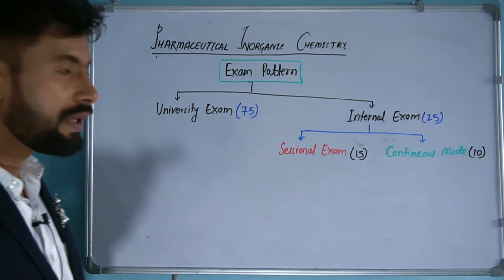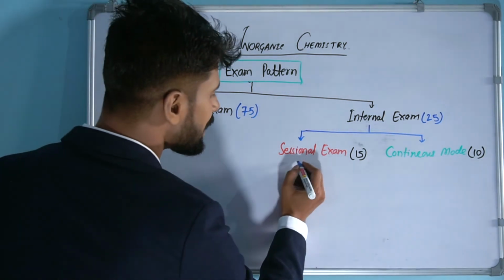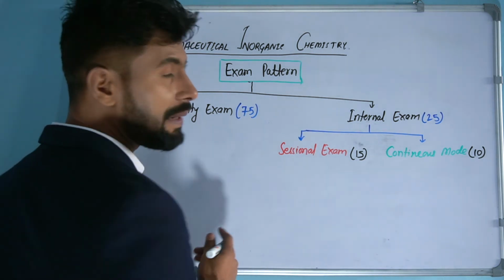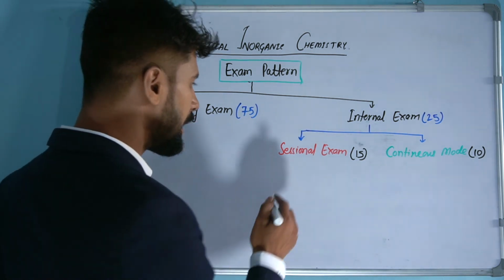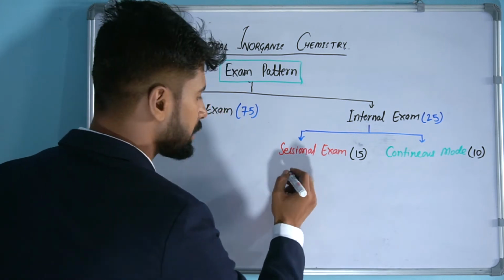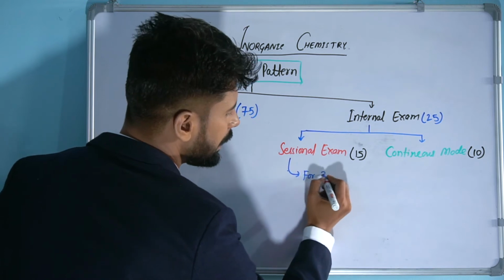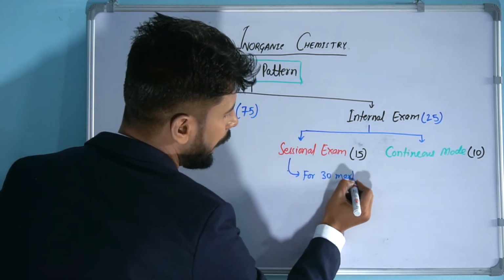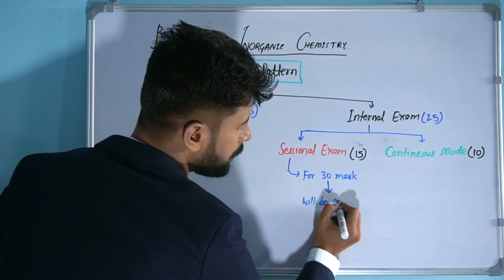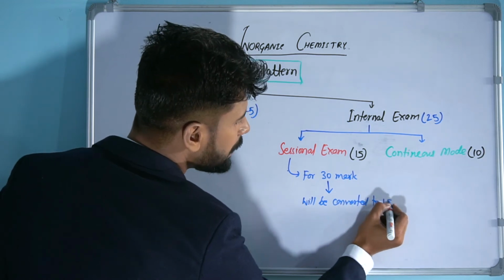Okay, first of all we'll discuss sessional exam. In sessional exam, generally two sessional exams are conducted by your institute, and each exam will be for 30 marks and will be converted to 15 marks.